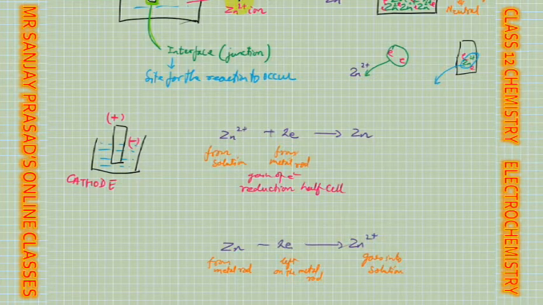So what happens here? In this case, if I compare this with the previous one, what has happened? This is a second possibility, isn't it? This is your metal rod, this is your solution in which you have dipped it.